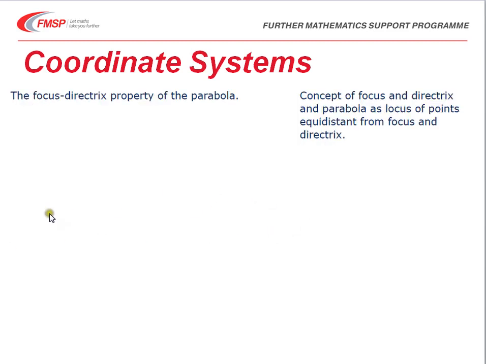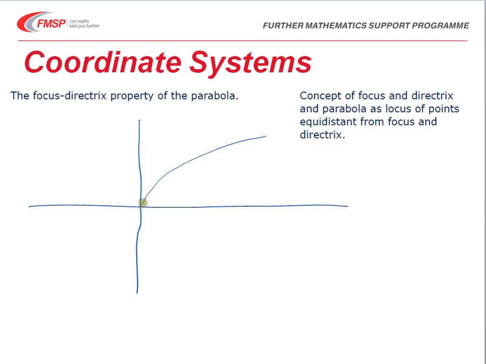You are also expected to know what's called the focus-directrix property. The parabola, as I've already mentioned, is one which is centered on the x-axis with its apex at the origin.